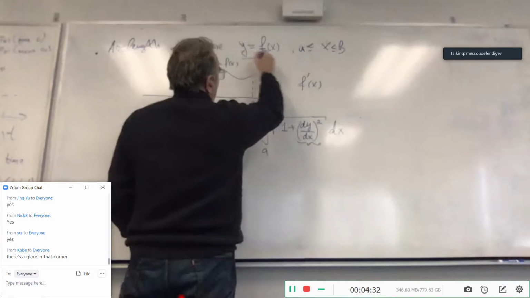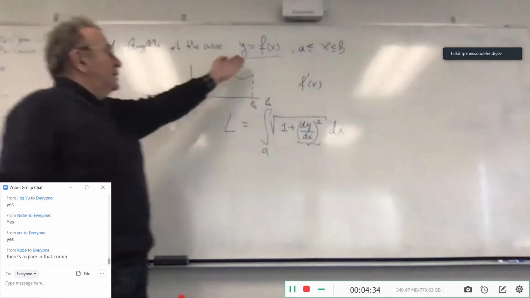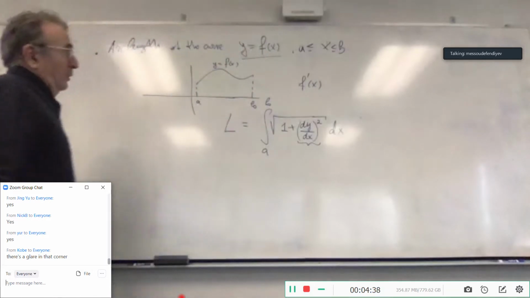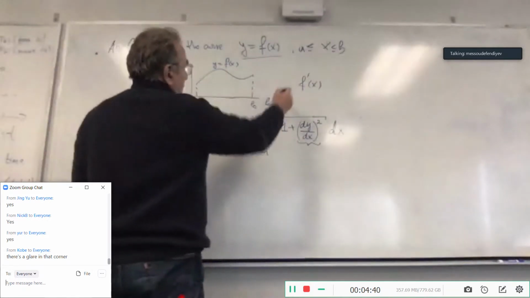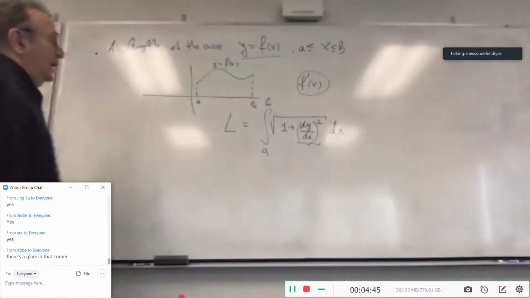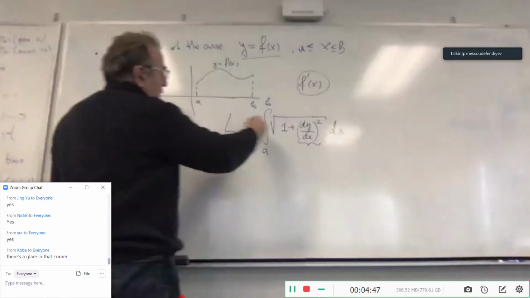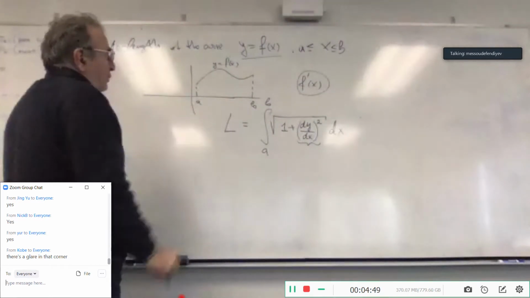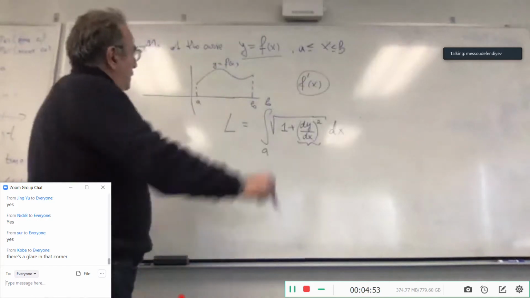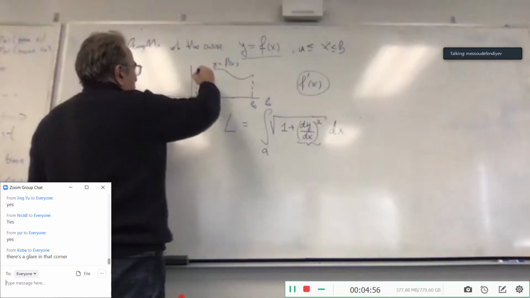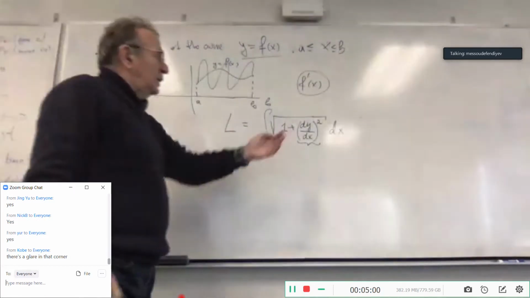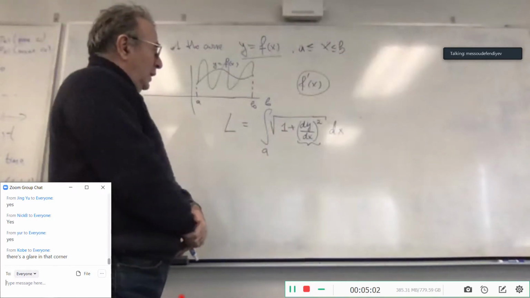So if you have the curve written by y is equal to f of x, you can just write this, it is the same, and we computed the length of the curve for a given curve. If the curve has this form or a more complex form, it doesn't matter.